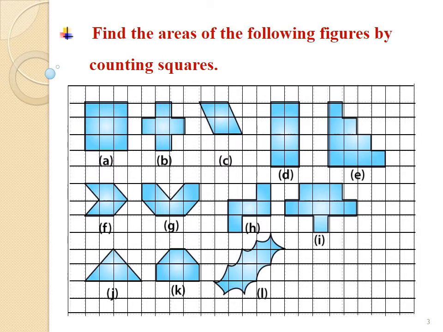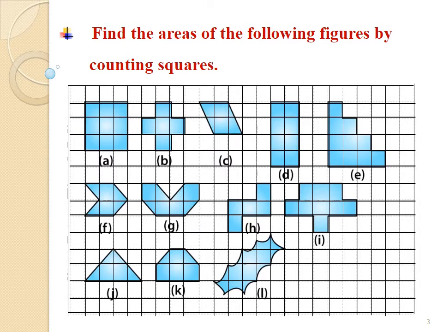Point number 3: if more than half of a square is in the region, count it as 1 square. And point number 4: if exactly half the square is in the region, count it as 1/2 square.